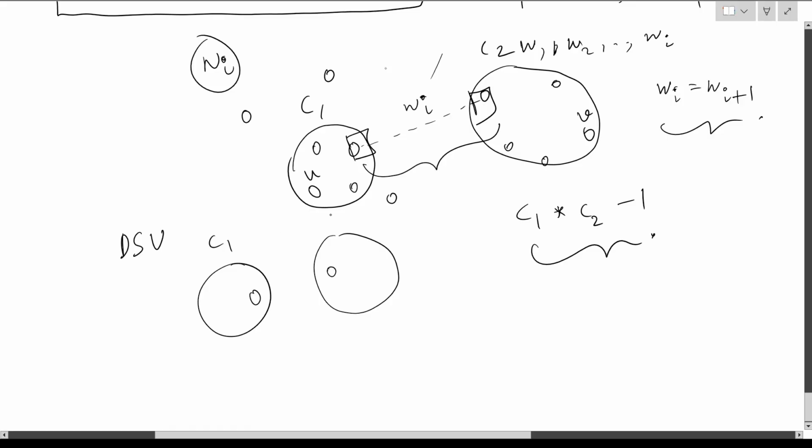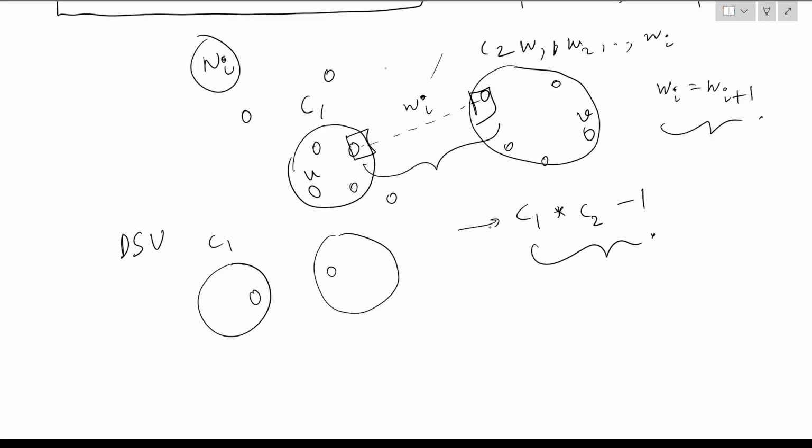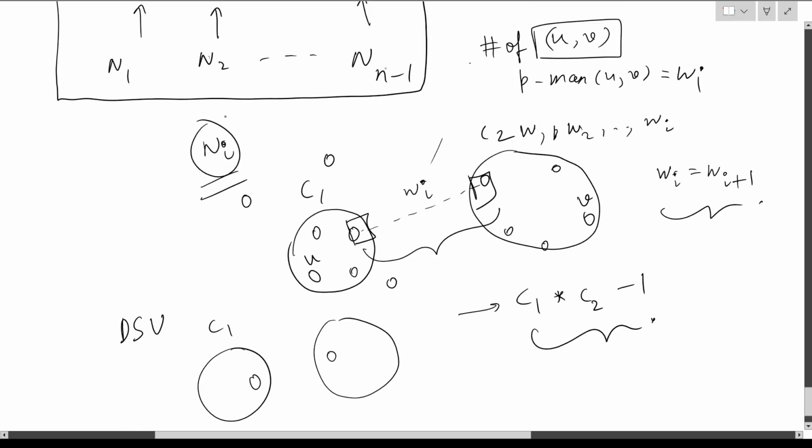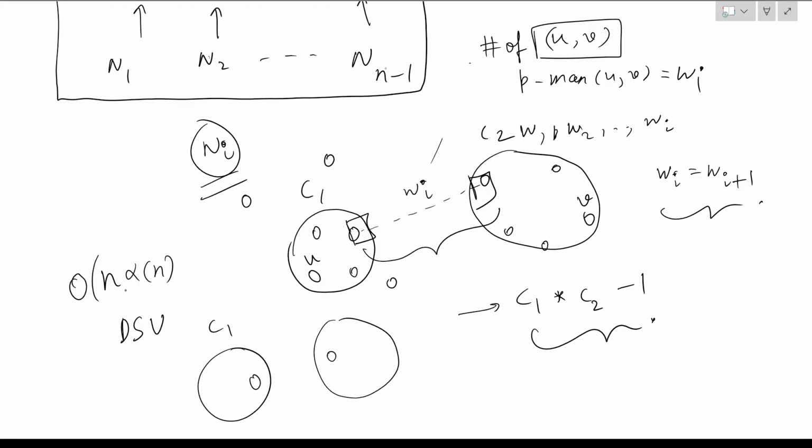So as I already said, there will be C1 times C2 minus 1 ways to choose these pairs, and so we can compute all the ni. And DSU runs in O of n alpha n time, because that's the average complexity of the merge and union functions.